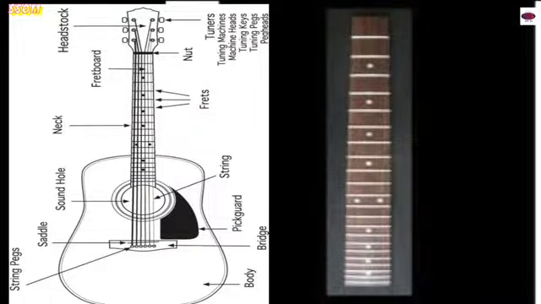The position markers. The position markers are just little dots in between certain frets on your fretboard. If you can see here, on the 3rd fret you have a dot, 5th fret you have a dot, 7th fret a dot, 9th fret a dot, double dots on the 12th fret, single dots on the 15th, 17th, 19th and 21st, and if present, double dots on the 24th fret.